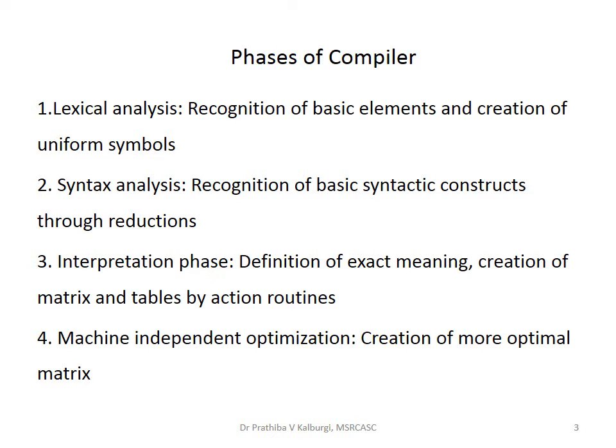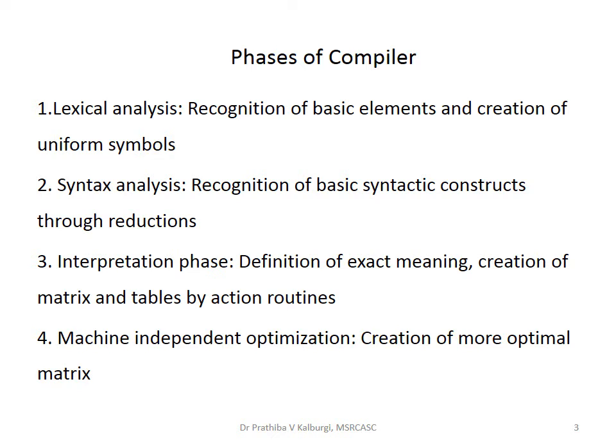And then we have a matrix which is going to be specified with respect to two reasons. That is, it allows the first four phases of the compiler to be machine independent, and then it allows independent optimization of the program to occur before the code generation phase.